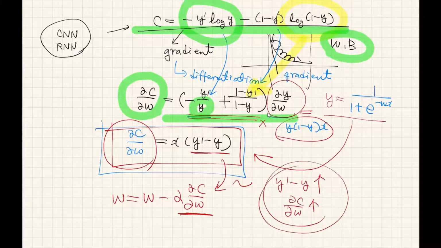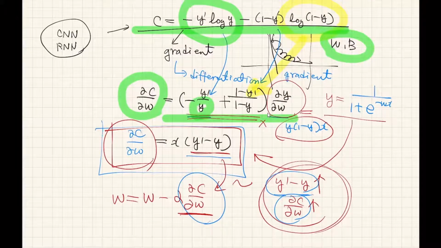That is a good signal, because if your output and target value have a large difference, you will have a large gradient. That means your optimization process will be very fast. So the slope of this gradient descent is proportional to the difference between the target value and your output.